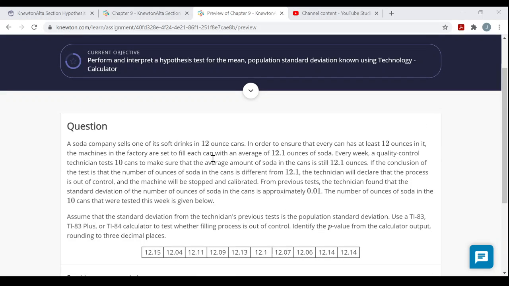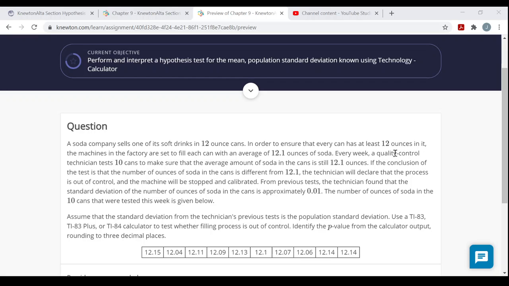So here, a soda company sells one of its soft drinks in 12-ounce cans. In order to ensure that every can has at least 12 ounces in it, the machines in the factory are set to fill each can with an average of 12.1 ounces of soda.